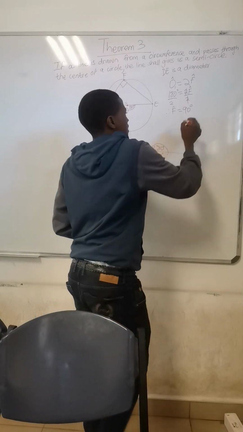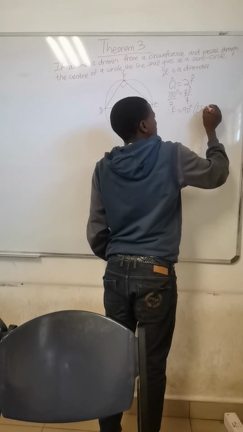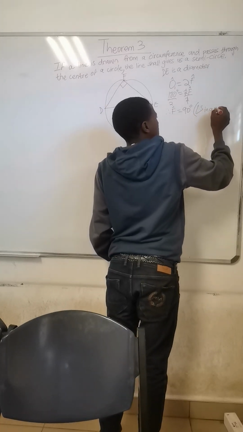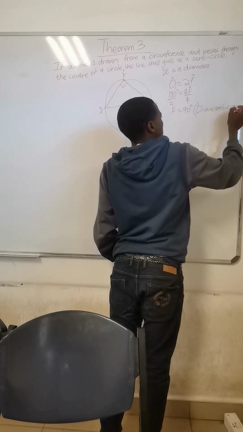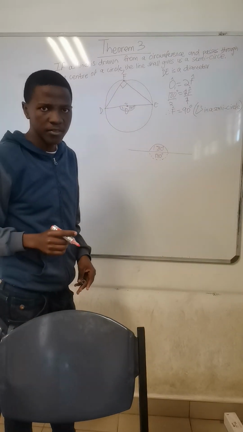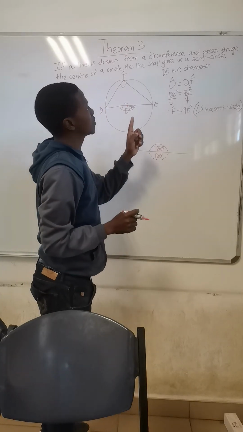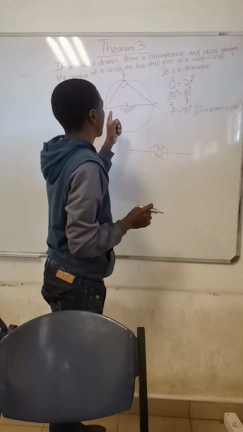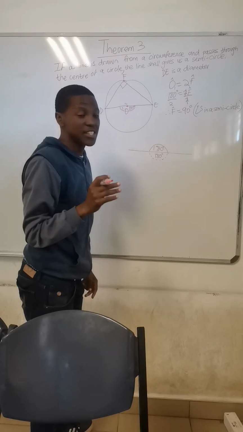Reason being, these are angles in a semicircle. Isn't it? So this is theorem 3, using theorem 2 to prove theorem 3, where it talks about angles in the semicircle.